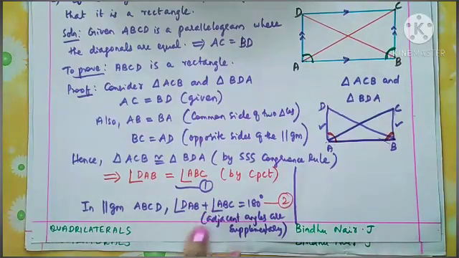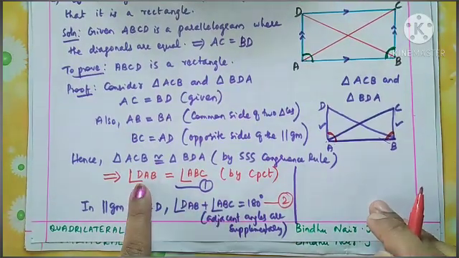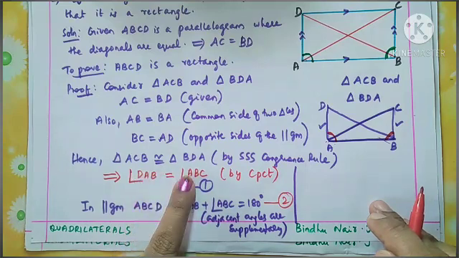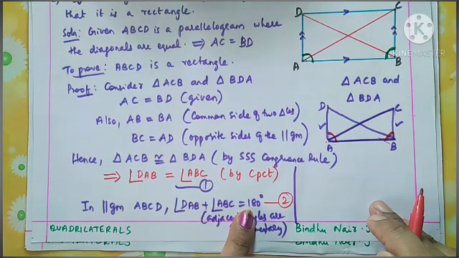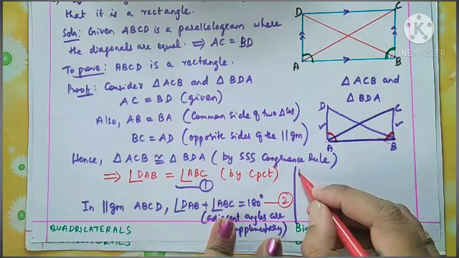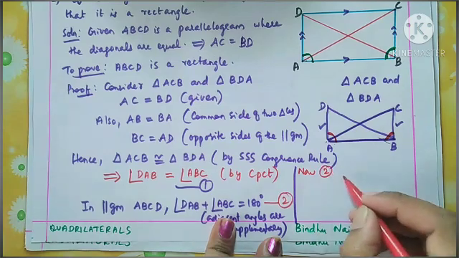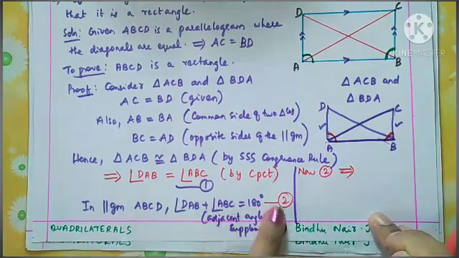Understand? So now we got two results now. One is that two angles are equal by CPCT and second one is the sum of the two angles is 180 degree.